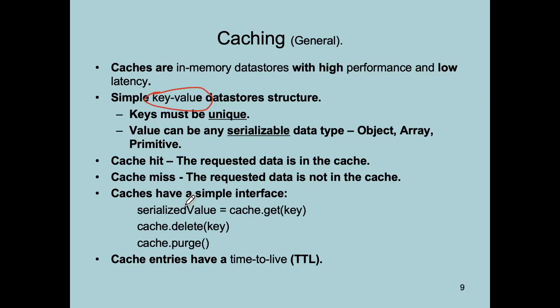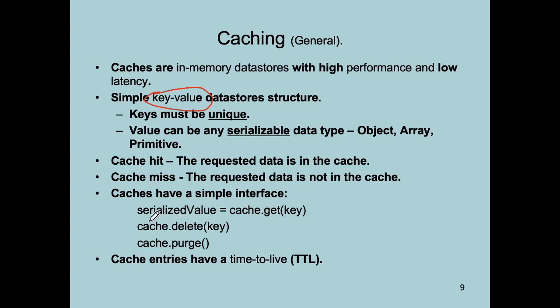Of course, if it doesn't, then we know what happens. It makes the request to the ultimate backend, and when eventually that data arrives, it will then return the serialized value. So this request here could be synchronous or asynchronous depending on where the data is.